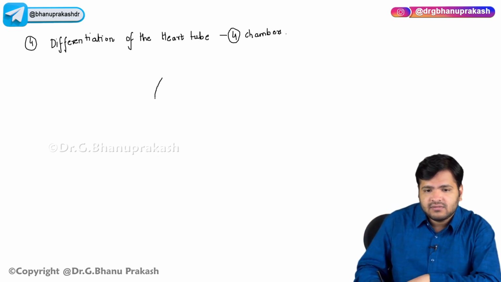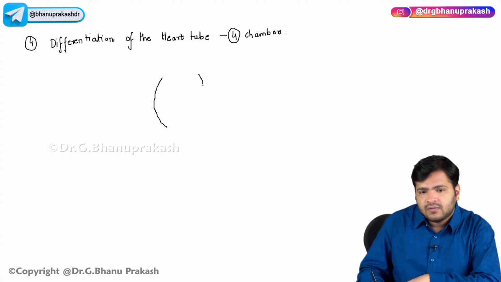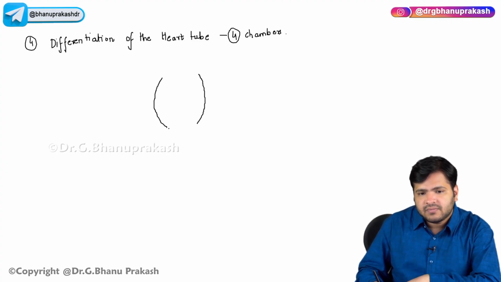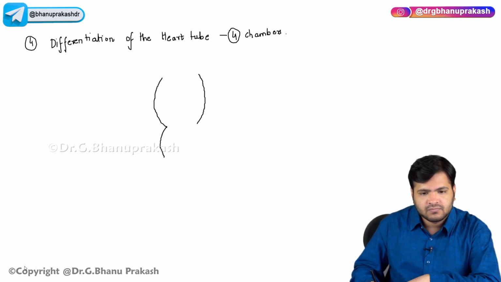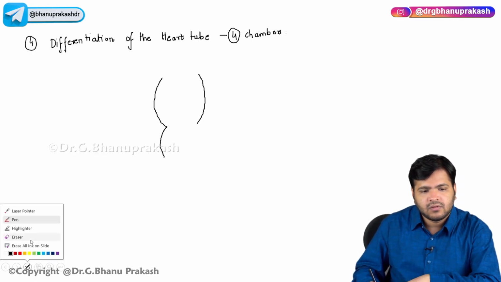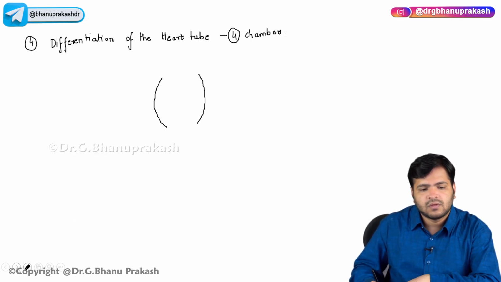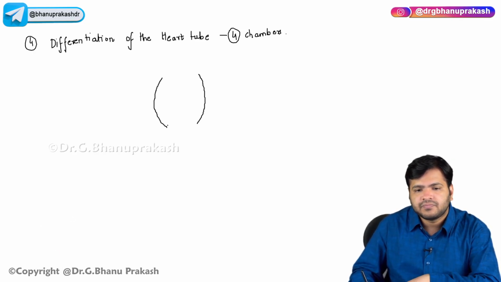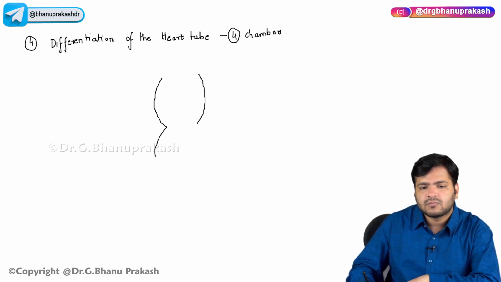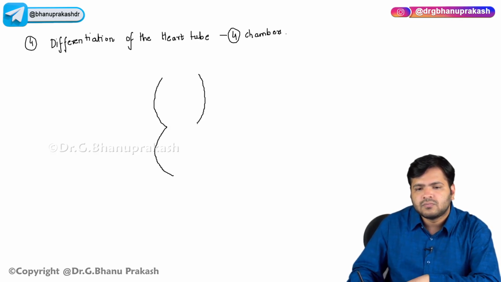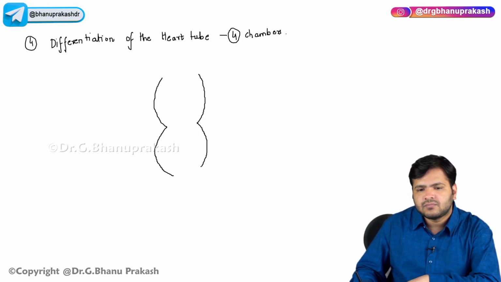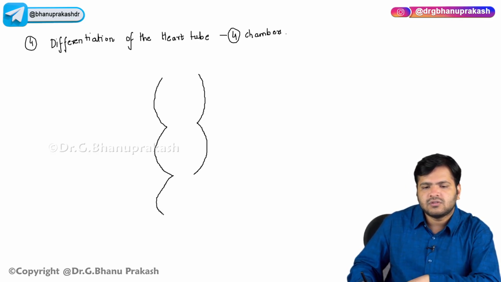So let us just try to draw this. There will be 3 constrictions. The first, the second constriction, and the third constriction, right?